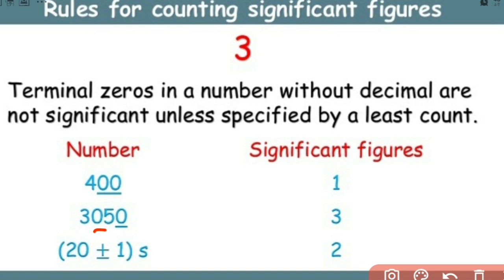What does it mean? The measured value can lie between 20 minus 1 and 20 plus 1, so it can be either 19 or 21. Got it? So in such cases, that 0 becomes significant. If it is simply written 20 second, that 0 is not significant. 20 plus or minus 1 second, that 0 becomes significant.